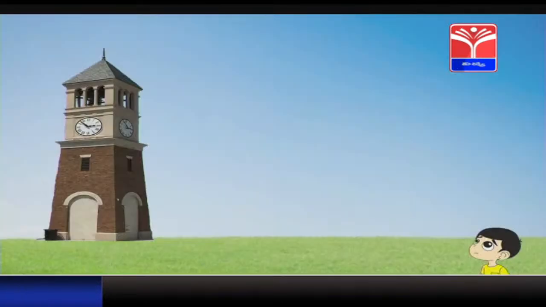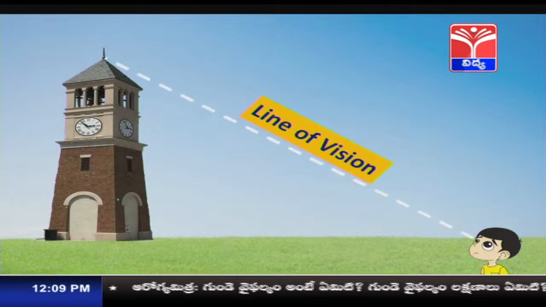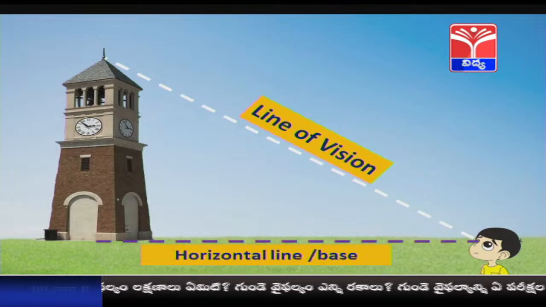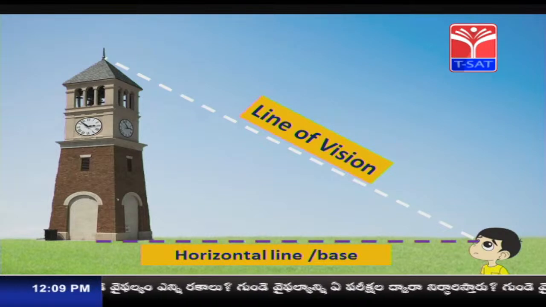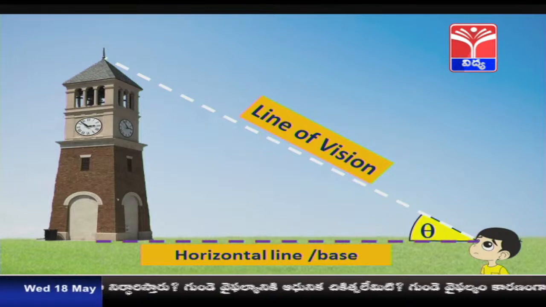Now, there is a watchtower. A child is watching the tower from somewhere far from it. Again, the line of vision. What do you call this horizontal line? Here we can call it the base. The angle between the line of vision and the horizontal line is how much here?